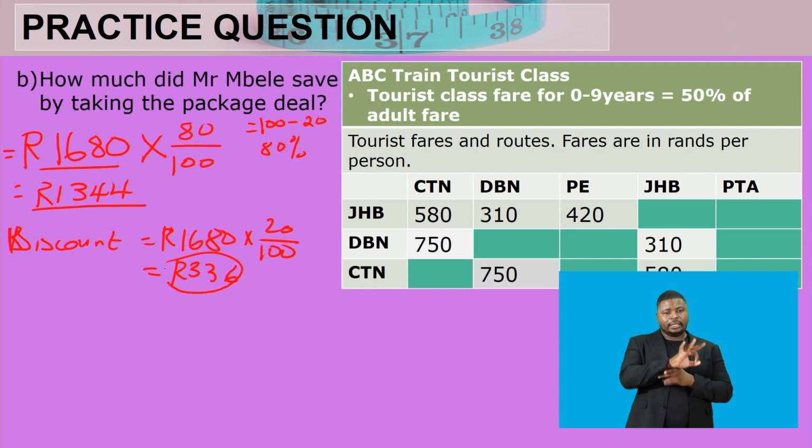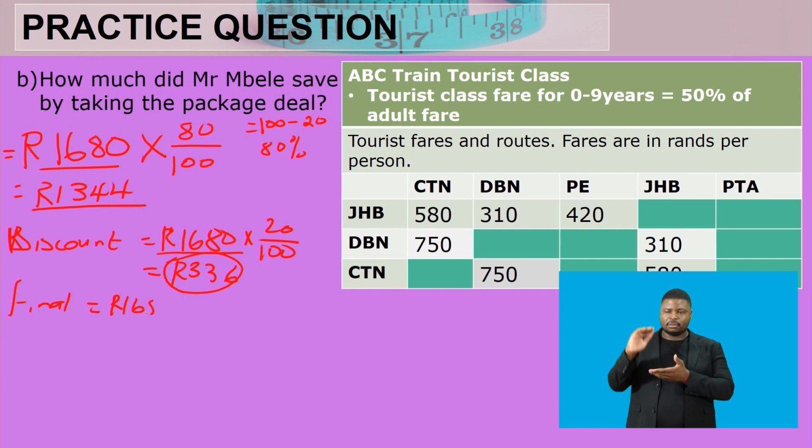This 336, it is the discount from which amount? From this total amount. So we have to subtract it. So the final amount will be this 1,680 minus 336. So what is 1,680 minus 336? We must get the very same amount.